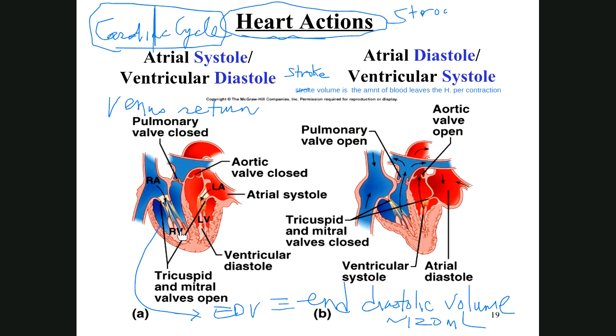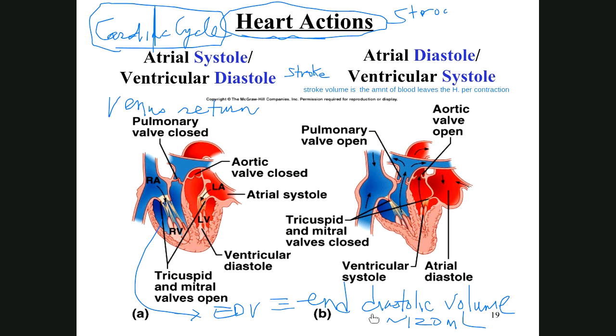But in fact, not all of the blood leaves, not all of the end diastolic volume leaves. Most of us usually eject about 50 to 60% of the end diastolic volume. So if it's 120 ml and it's 50%, that's your efficiency, that means 60 mL leave.